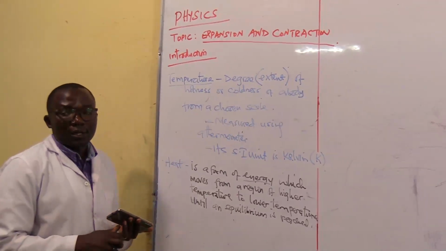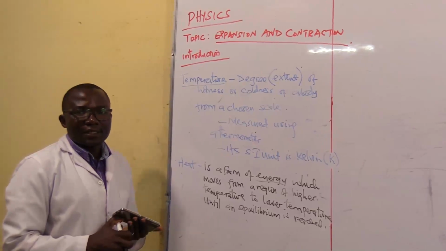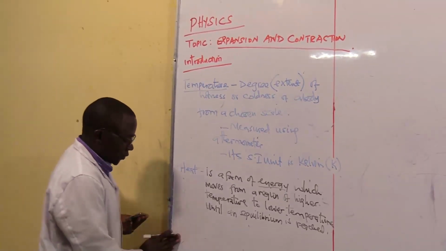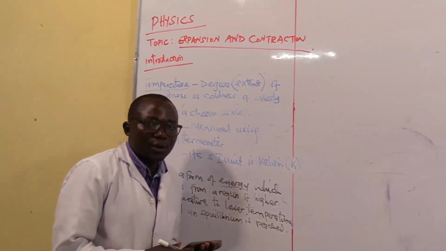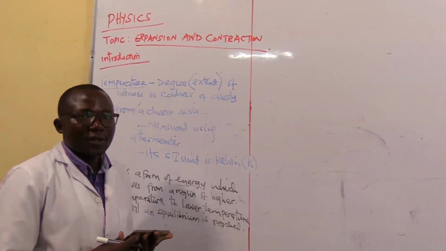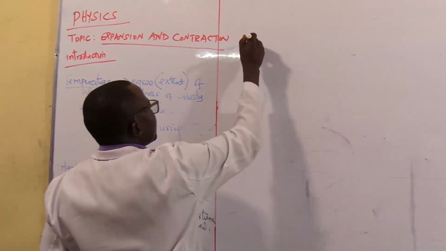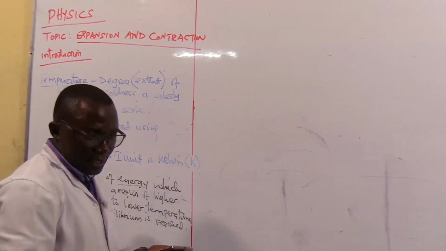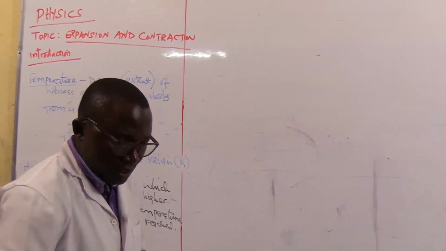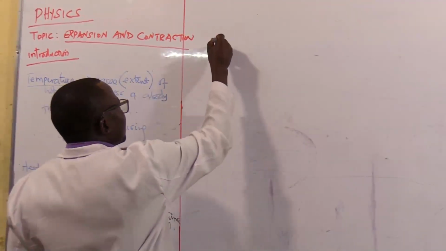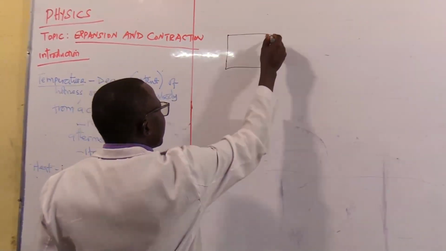So in essence, we mean that heat and temperature are not the same. I hope from today there will be no more confusion. If you have two bodies here, take an example.